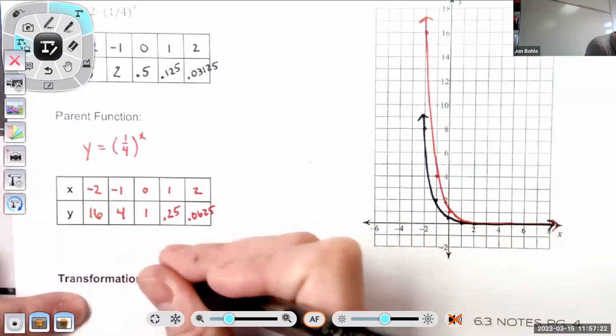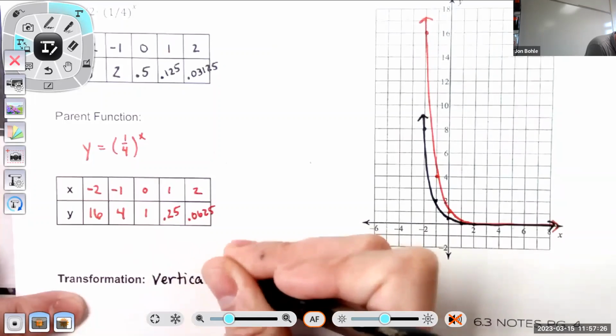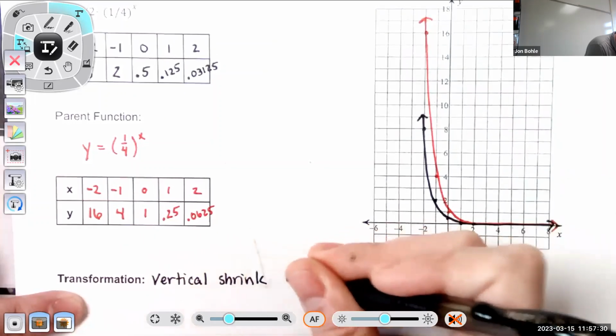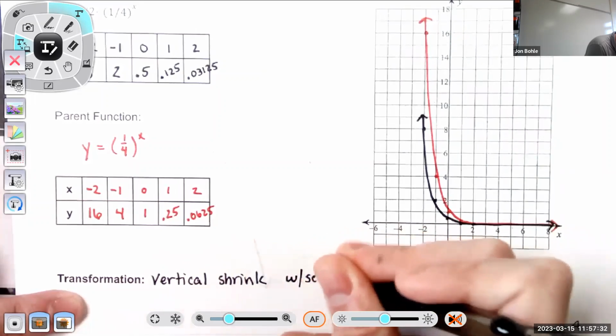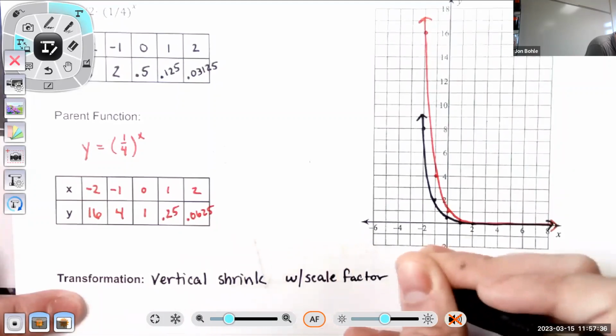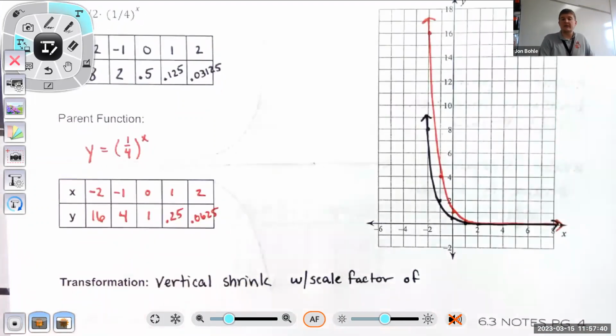Oh, so this would be a vertical shrink. With the scale factor of what? What's that scale factor? Half, yeah, perfect.